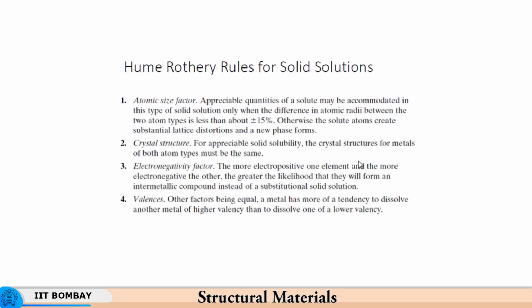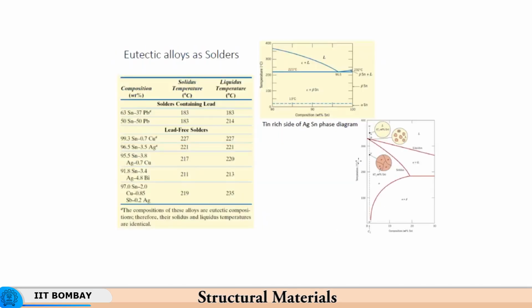So, these rules govern the possibility of forming an alloy. Whether it will be a substitutional solid solution or an interstitial solid solution will be decided by these Hume-Rothery rules, and we can predict what will happen using these.